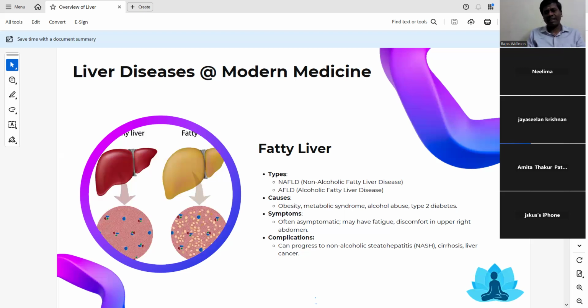The diet must be healthy, avoiding sugar, and it is better to avoid carbohydrates. 80% of the cholesterol is made from carbohydrates, not from the fat that the person consumes. And saturated fat is to be avoided.